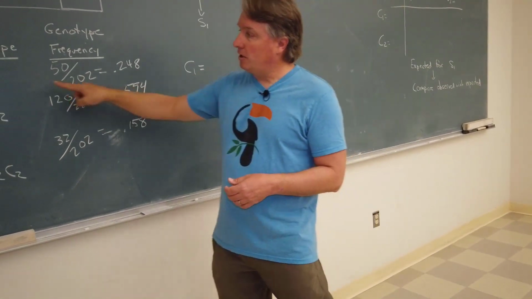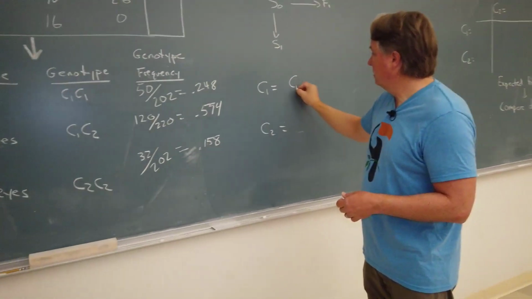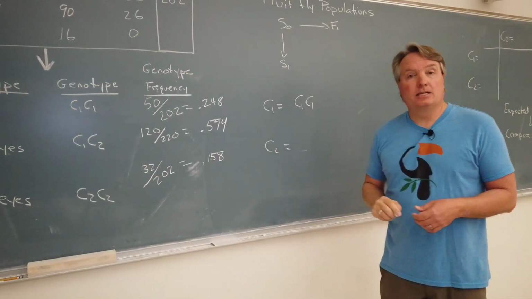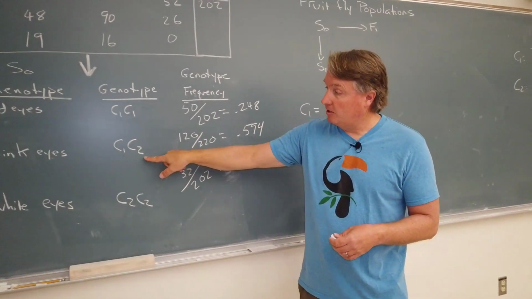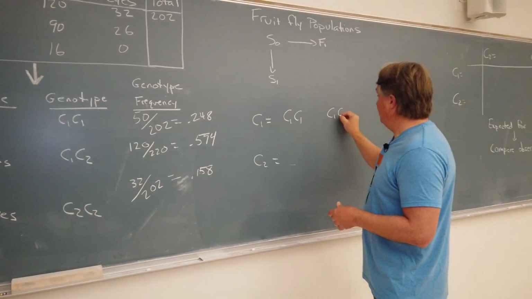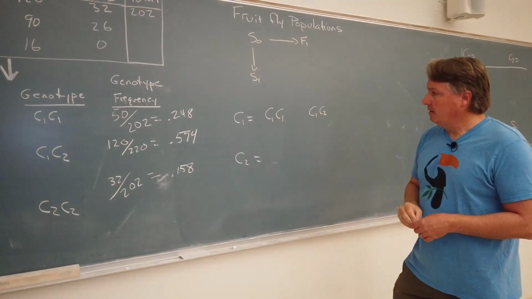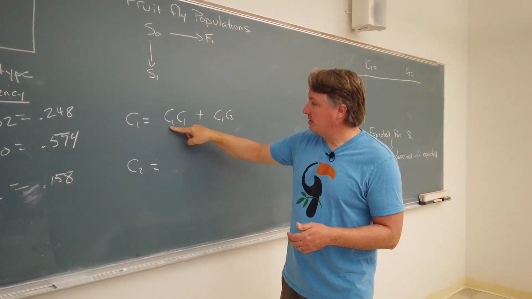And so to do that, first of all, we're thinking about the C1 allele. We know the C1 occurs in the C1C1 homozygote. So we want to take that genotype into account. We also know the C1 allele occurs in the heterozygote, the C1C2. So we want to take that genotype into account. But since we're just counting, we want to add these two together. And this just represents the frequency.